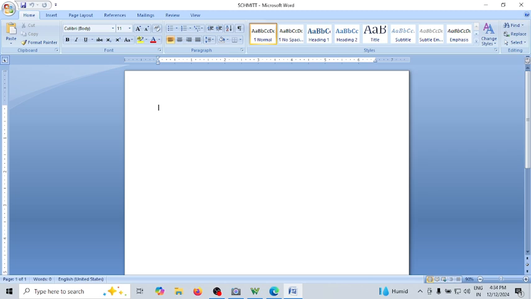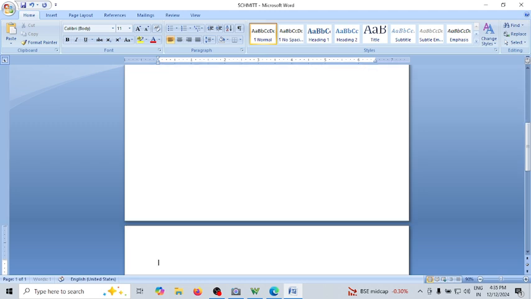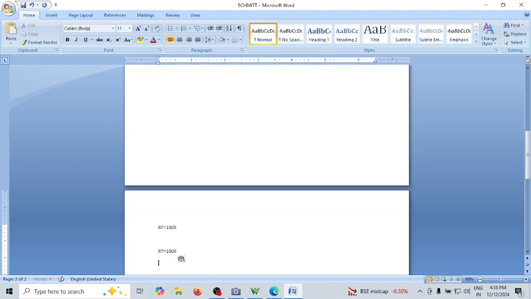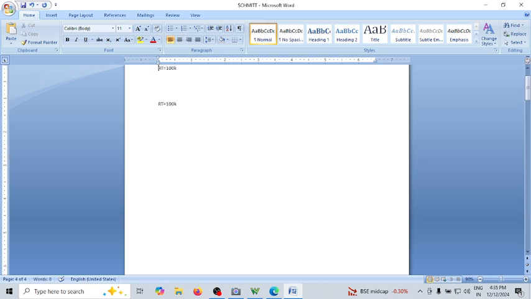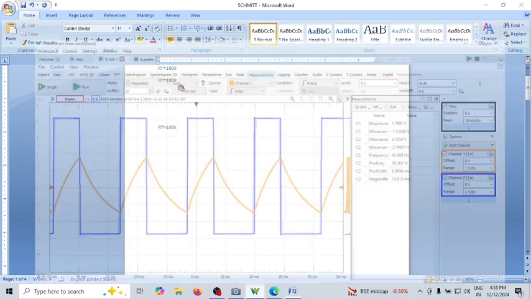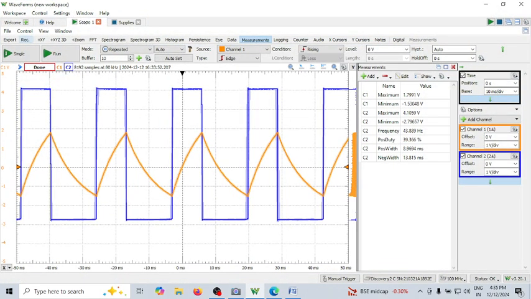Now I will say RT is equal to 100 kilo ohm. Let me copy this and paste. Let me do it for the first RT value, which is 100K. I have taken the screenshot, so now let me go back to this.